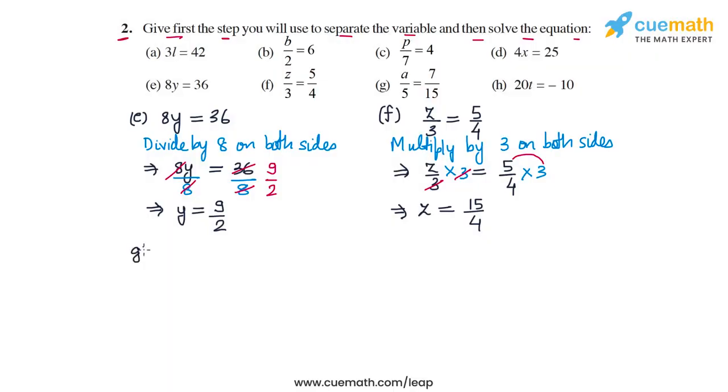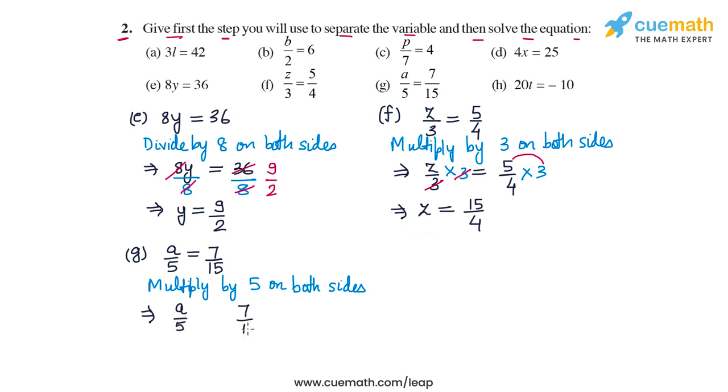In part G, the equation is A by 5 is equal to 7 by 15. So to get rid of the 5 in the denominator on the LHS, we will multiply by 5 on both sides. This is our first step. Alright, so the original LHS is A by 5, the original RHS is 7 by 15, and we will multiply both of these by 5.